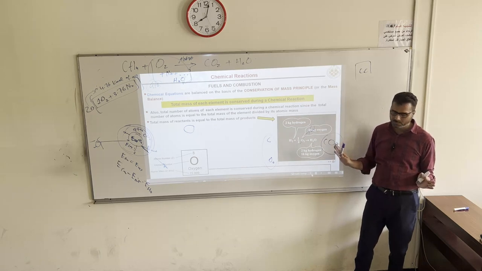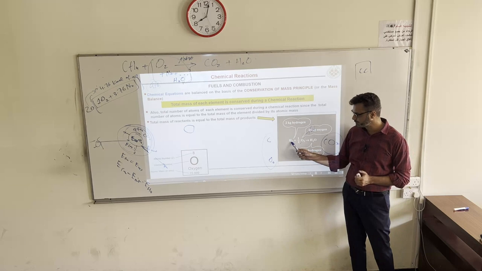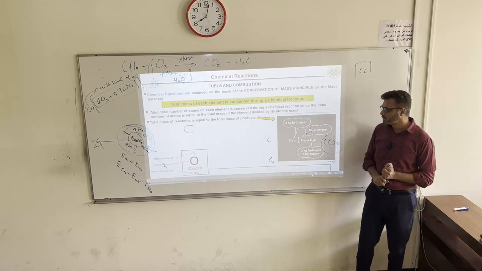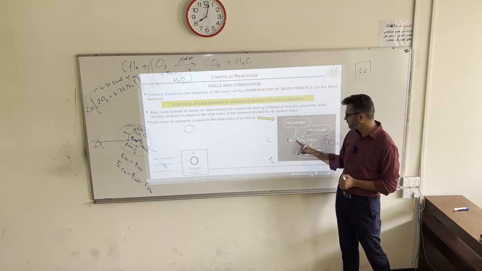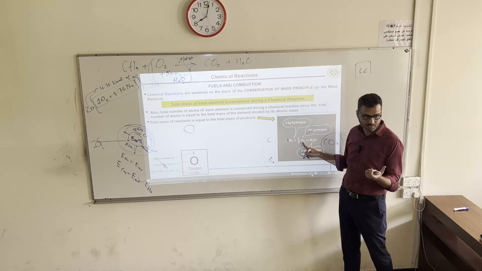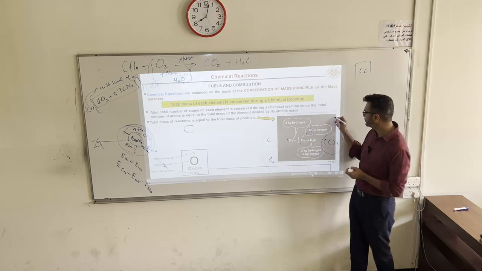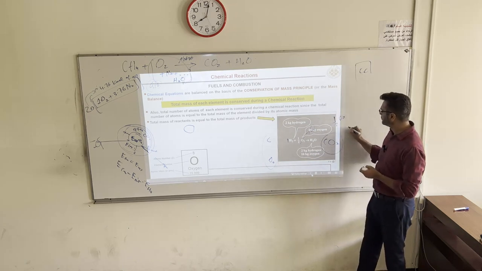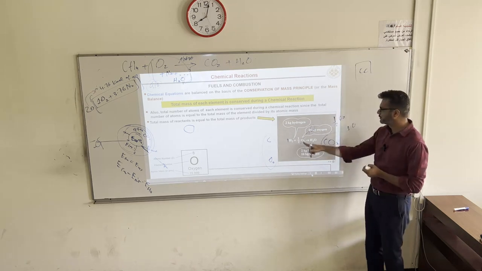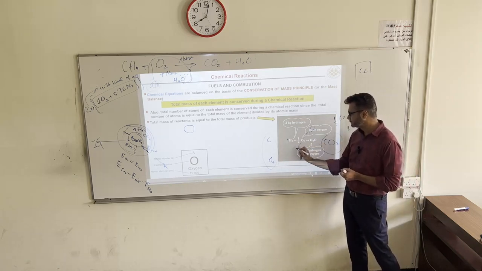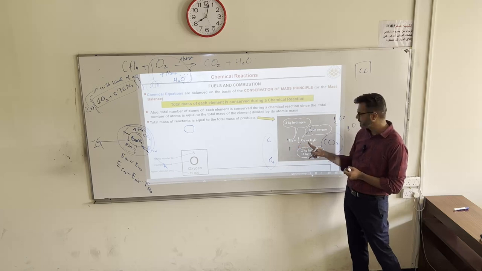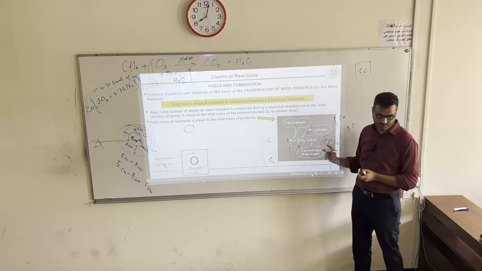But what about the atoms here? 2 molecules, 2, 1. Moles. So where is the mole? 1 mole of hydrogen is reacting with half mole of O2, or 1 mole of O. And what we are getting, so here we have 1 mole of O, 1 mole of hydrogen, and here we are getting 1 mole, not 2 moles, of H2O.